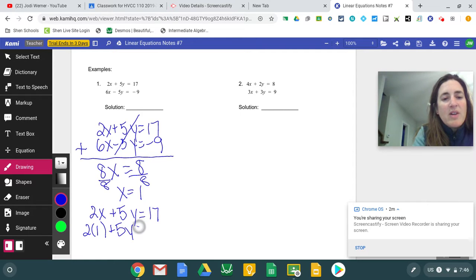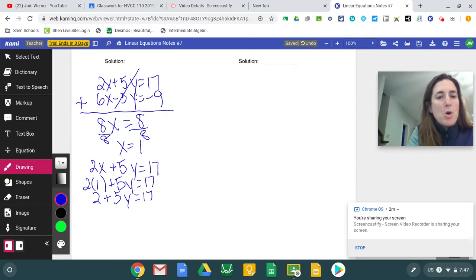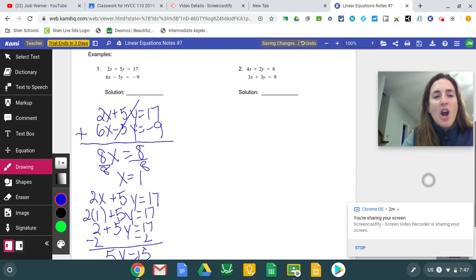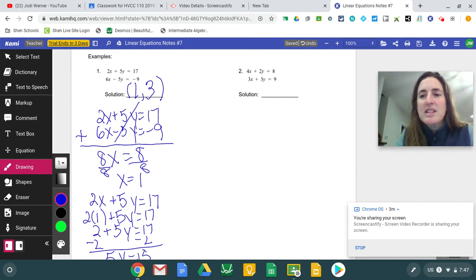So now it's 2 plus 5y equals 17. I'm going to move the 2 to the other side. So 5y equals 15, or y is 3. And what I just found are those coordinates, that solution, 1, 3. Make sure the x goes in the x spot and the y goes in the y. That was super easy. Let's look at the next one.